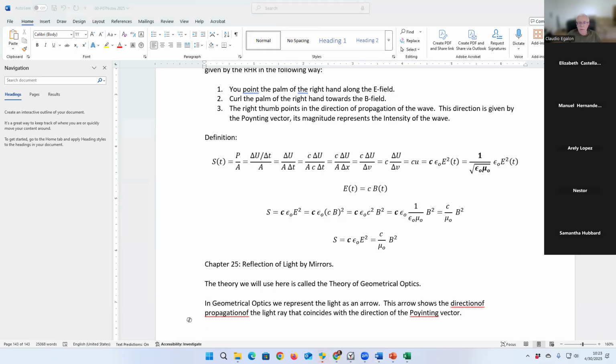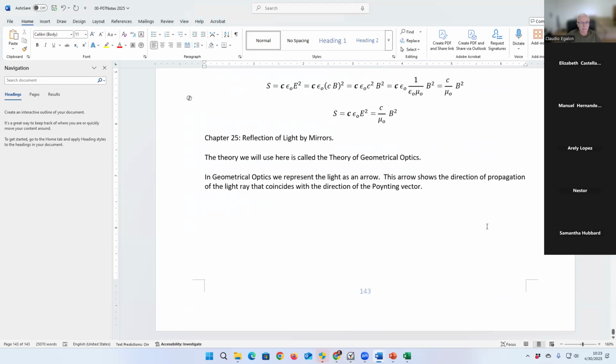Okay, we also draw a plane that contains the electric and magnetic fields.